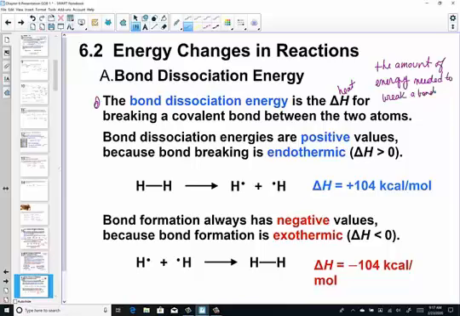The amount of energy needed to break a bond is known as bond dissociation energy. And remember, to break a bond is always an endothermic process, so it will always be a positive number.